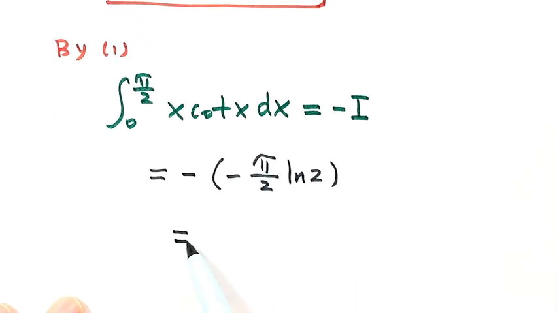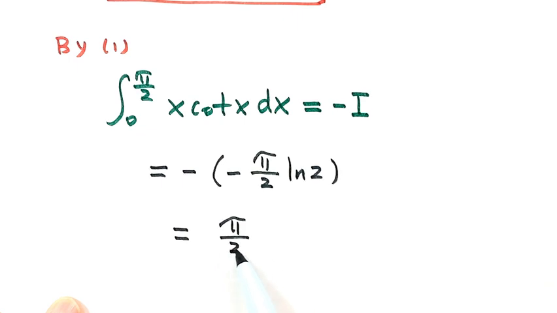The negatives cancel, so the answer is pi over 2 log 2. Pi over 2 log 2 is the answer for this integral. Thanks for watching.